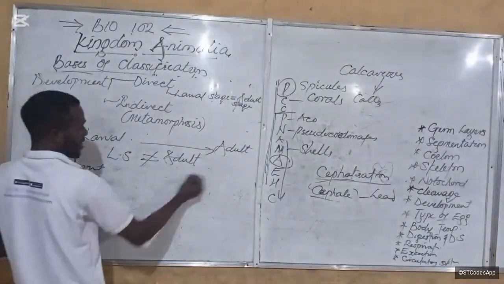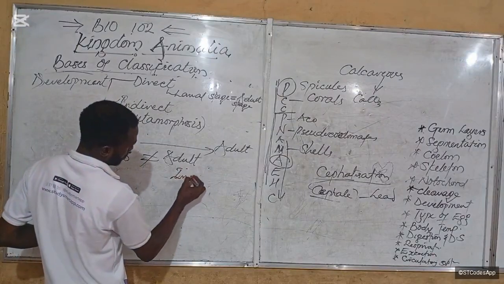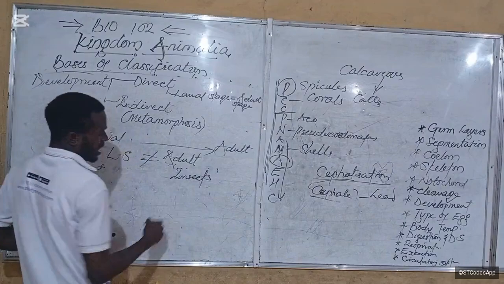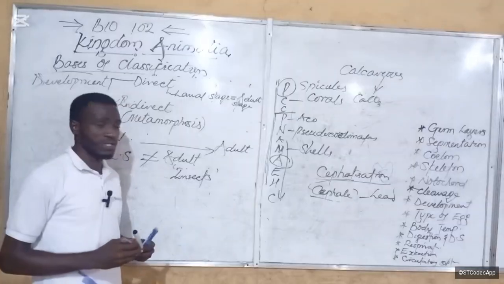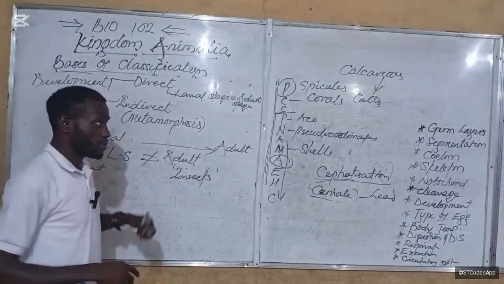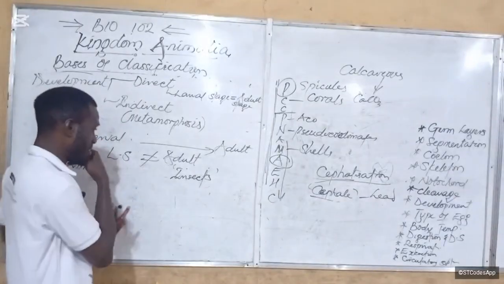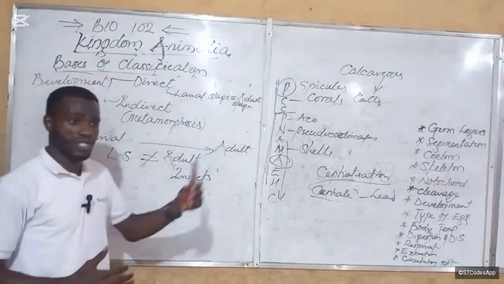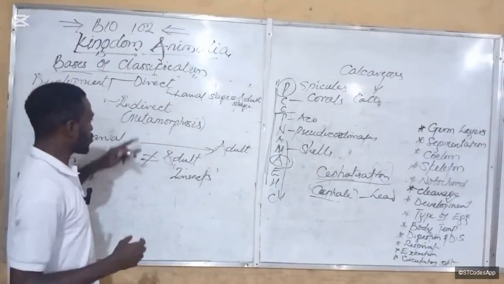Examples are arthropods, insects primarily. But almost all, in fact all, arthropods actually have indirect development. No, almost all, because exceptions do exist.